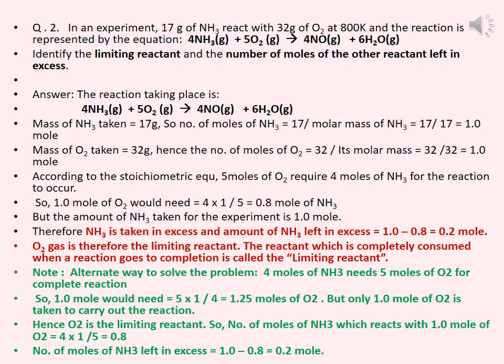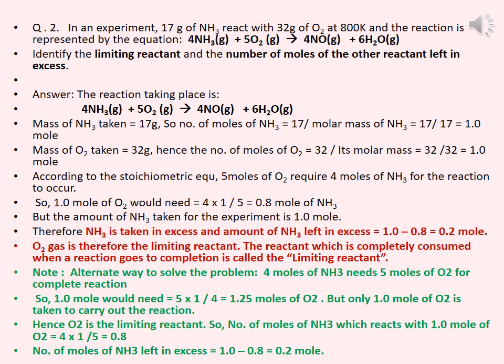The reaction here is between ammonia gas and oxygen gas. It's an oxidation reaction. 4 molecules of ammonia react with 5 molecules of oxygen gas to form 4 molecules of nitric oxide gas and 6 molecules of water.